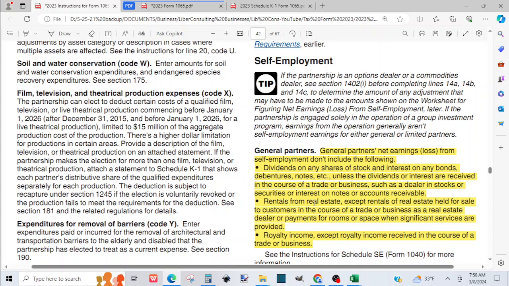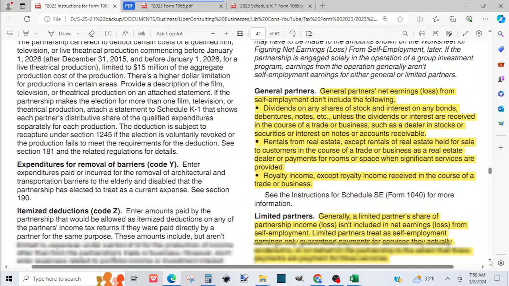Rental from real estate, except rental of real estate held for sale to customers in the course of a trade or business as a real estate dealer, or payment from room or space when significant services are provided. Royalty income, except royalty income received in the course of a trade or business. So you can read through it to see what to exclude.